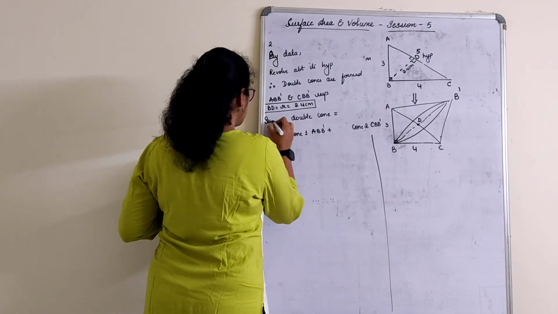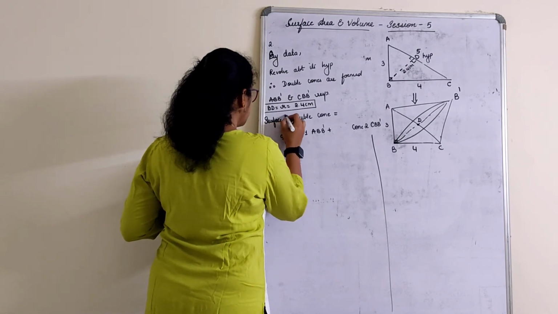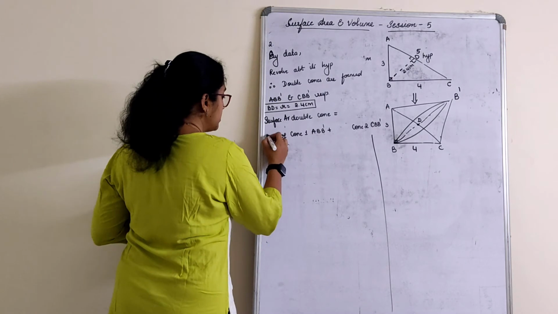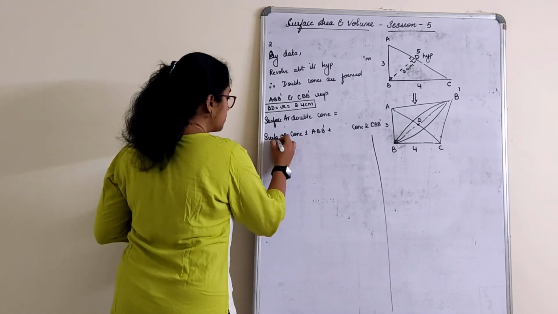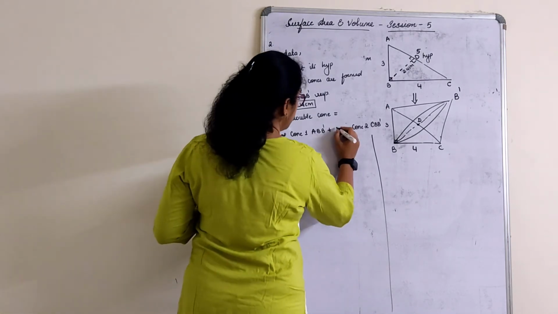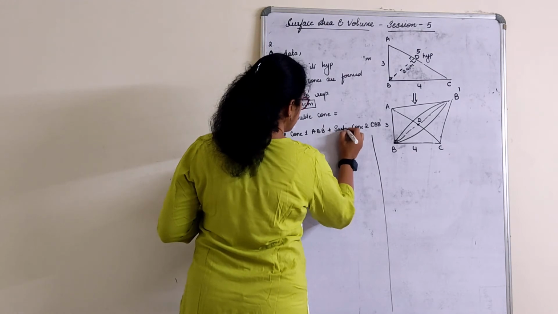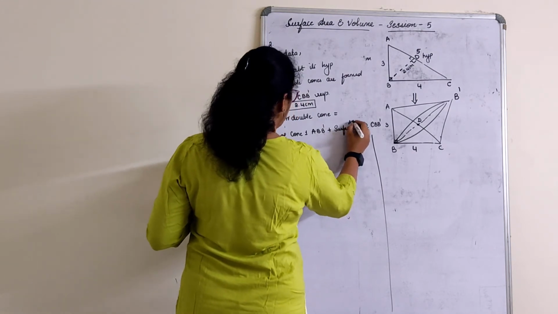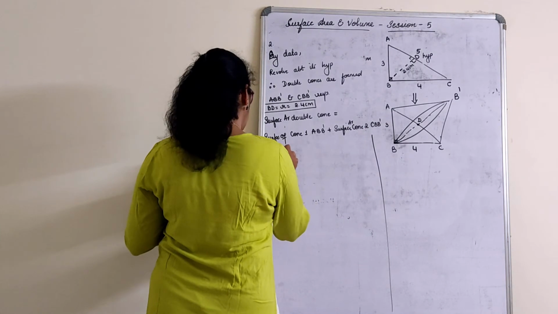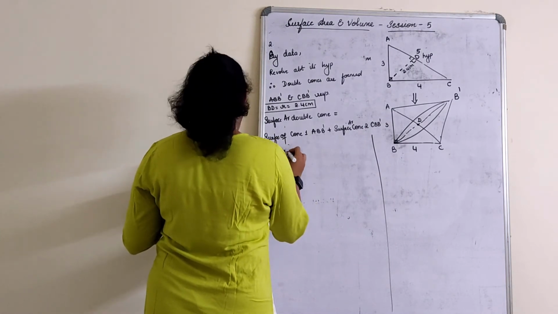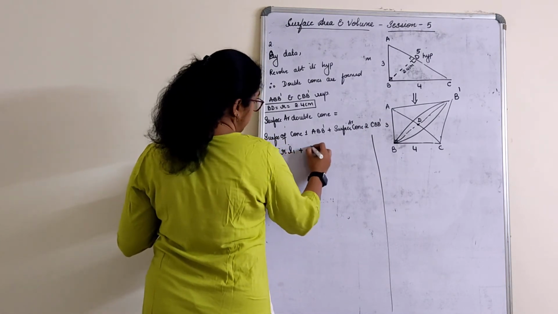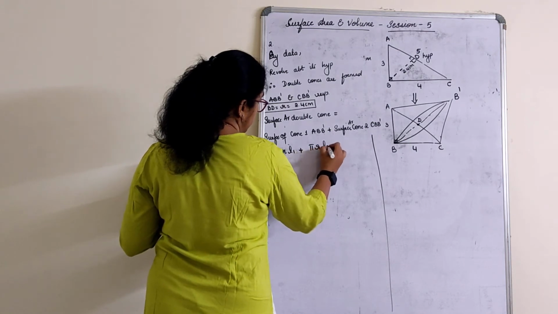Surface area of double cone is equal to surface area of cone 1 plus surface area of cone 2. Surface area formula: pi r L1 plus pi r L2.